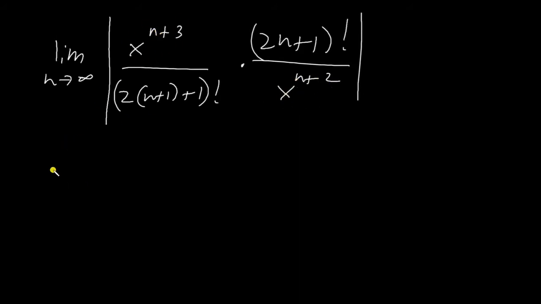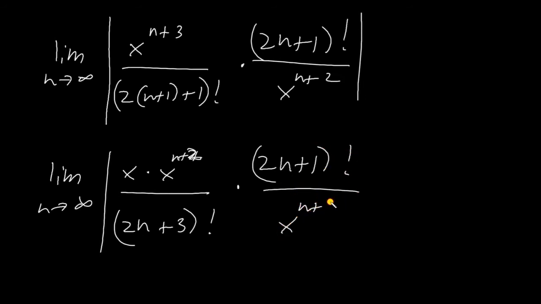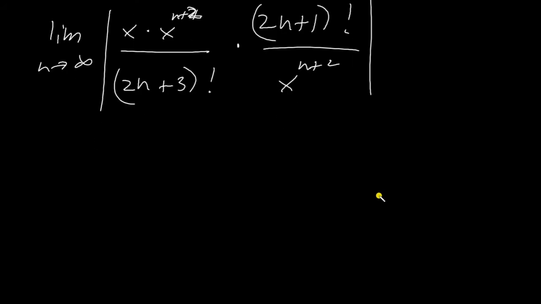So what I can do is use my laws of exponents to rewrite this as x to the 1 times x to the n plus 2. This and this will combine to give me the x to the n plus 3. And then this will just give me 2n plus 3 factorial. And then here we'll still have 2n plus 1 factorial over x to the n plus 2. Okay, next step, we can mess with the factorial.